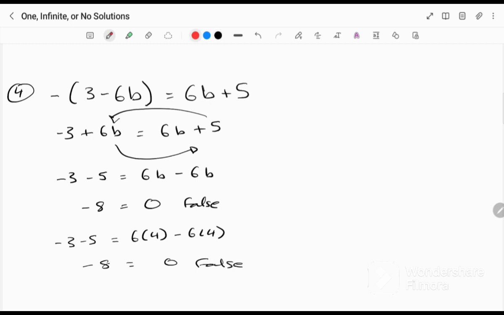So our simplest version of this equation, which is right here, is false for any b value. This means that this equation has no solutions.